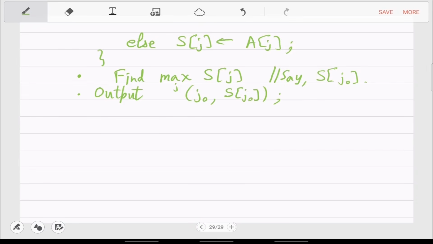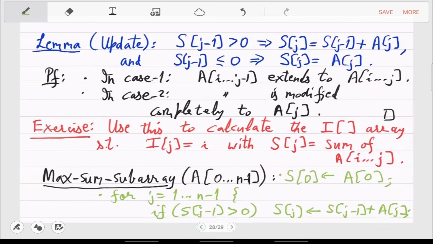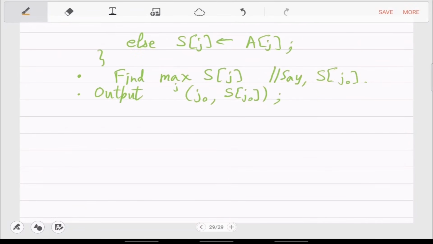Any questions? So this part, the for loop, takes only order n time. And then you have a max which will again take order n time.